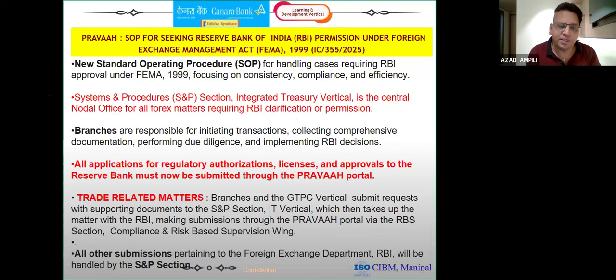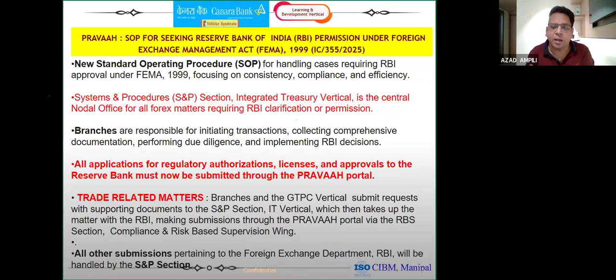But here one point is there. For trade-related matters, meaning export-import related matters, branches and the GTPC vertical submit the request with supporting documents to the SNP section, IT vertical. What is the SNP section? It is our bank's nodal office, which then takes the matter to the RBI, making submissions on the PRAVAAH portal.